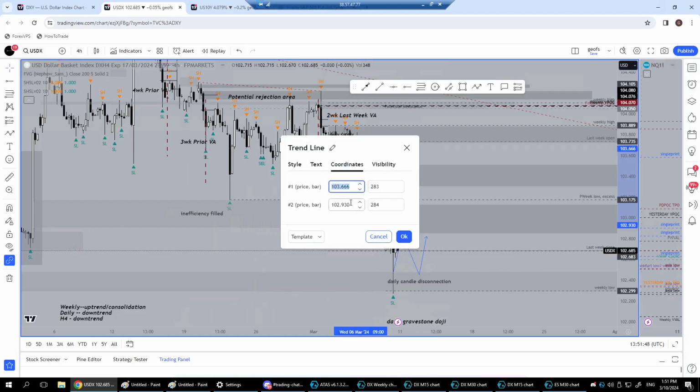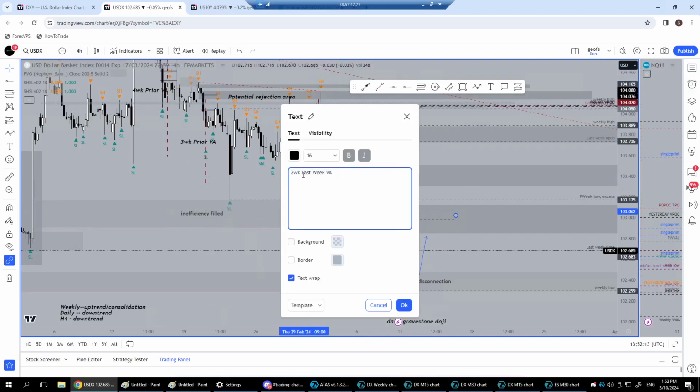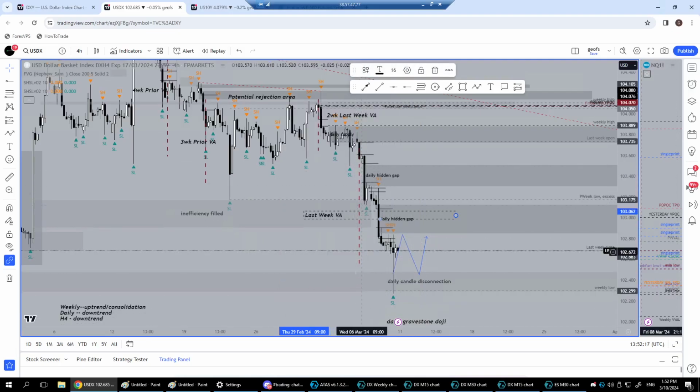Should just put it in coordinates, can't we? 102,540. Feel free to chime in with questions, by the way. That line's not straight, is it? There we go. Okay, that's last week's value area.